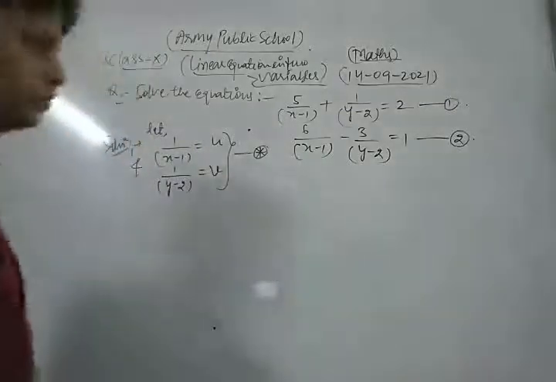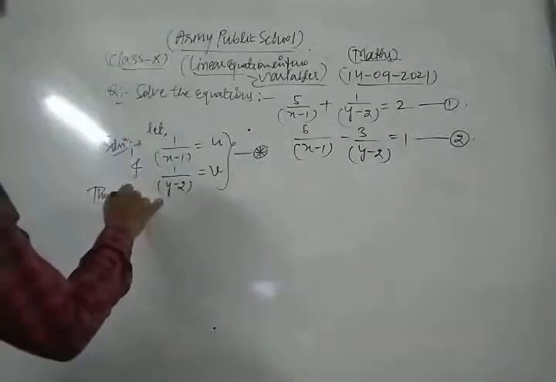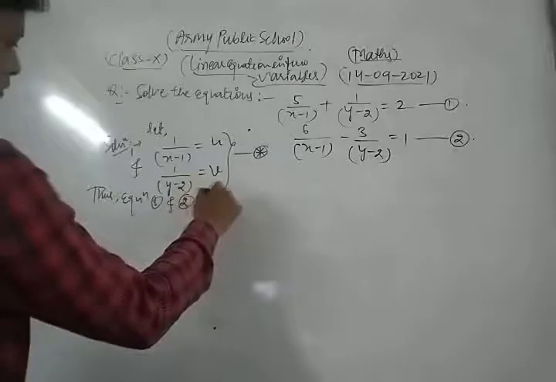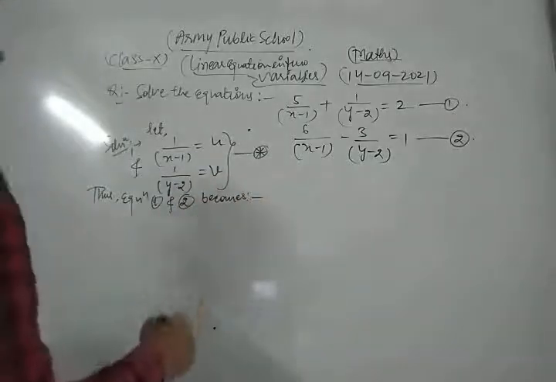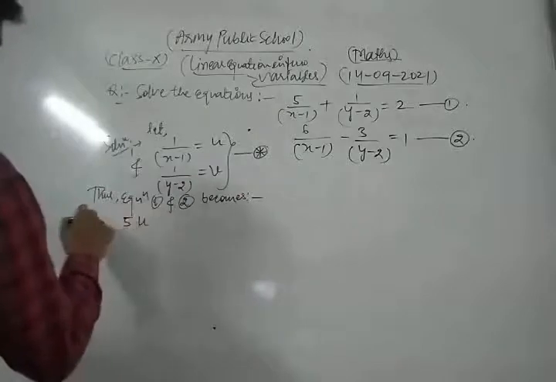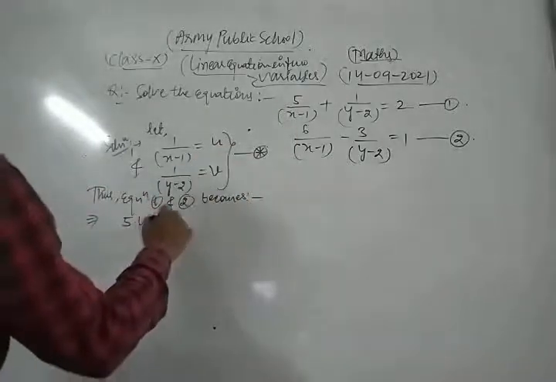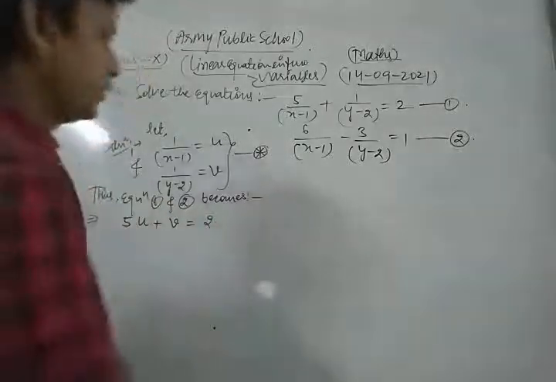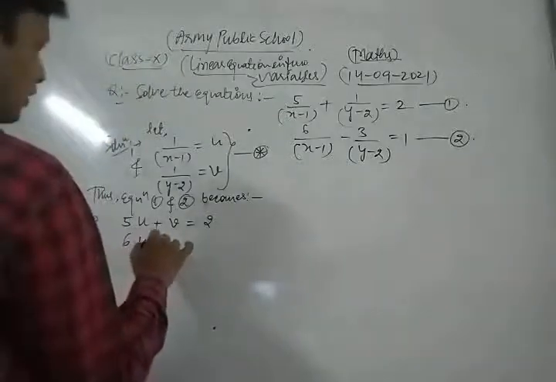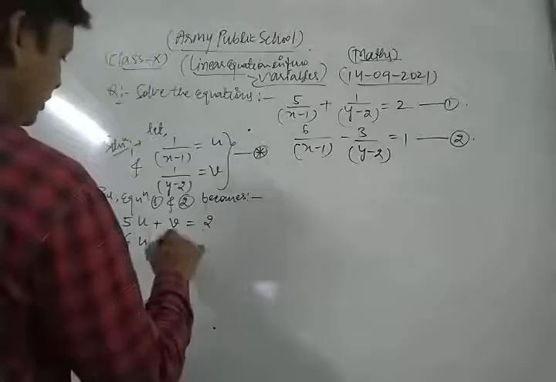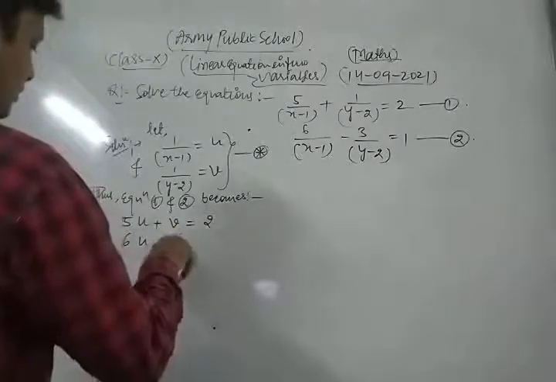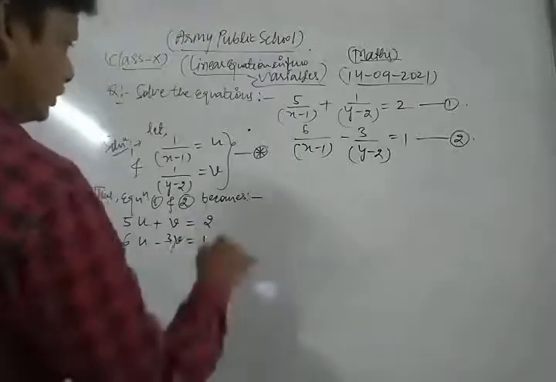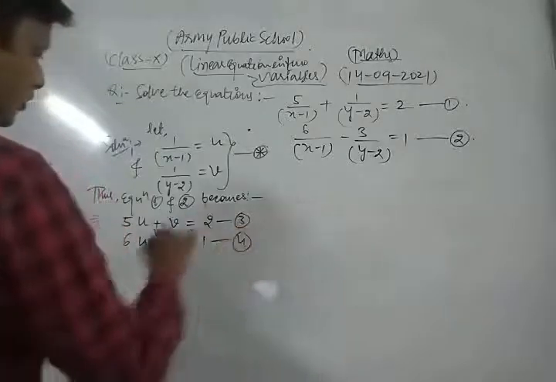Thus equations 1 and 2 become 5u plus 1v is equal to 2, and in the second equation 6u minus 3v is equal to 1. This is taken as 3, and this is taken as 4.